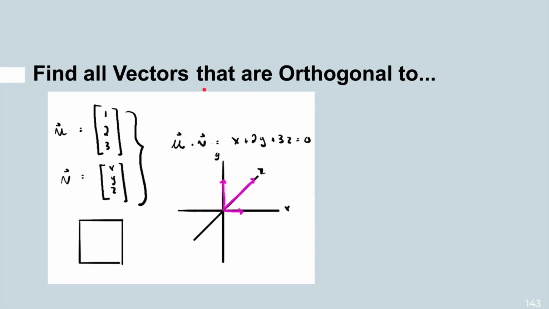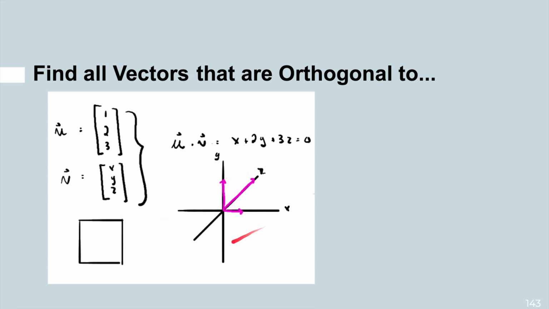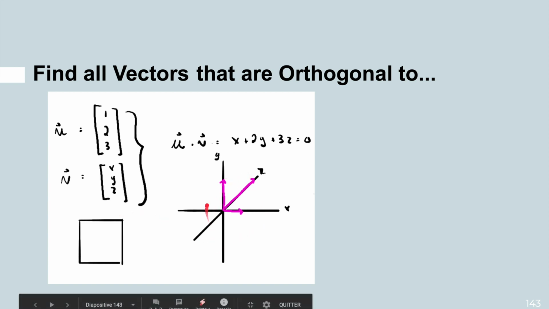Now instead of being asked to find one vector, what if we're asked to find all the vectors? Here we're asked to find all the vectors that are orthogonal to u. Now this time, u is in 3 dimensions. So it's (1, 2, 3). Our answer is actually going to be a plane. A plane is going to be like a square type thing that is in 3 dimensions, and it's going to be perpendicular to all of these.